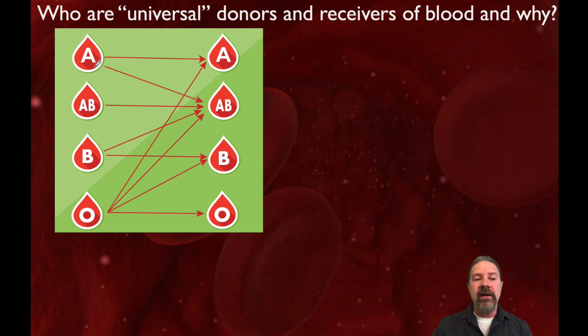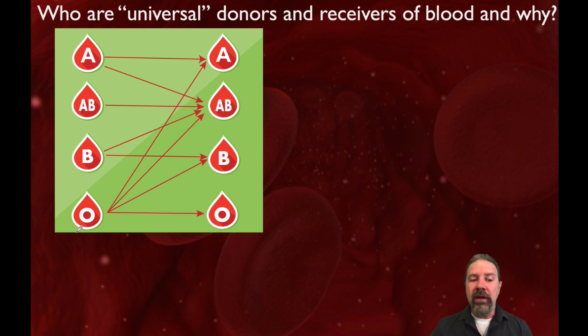Notice that if you have A blood, you can donate blood to another A-blooded person. If you have O blood, notice you also have one of your rays extending to an A-blooded person. So the question comes up, why could an A-blooded person receive blood from an O-blooded person? Now, remember those red blood cells.